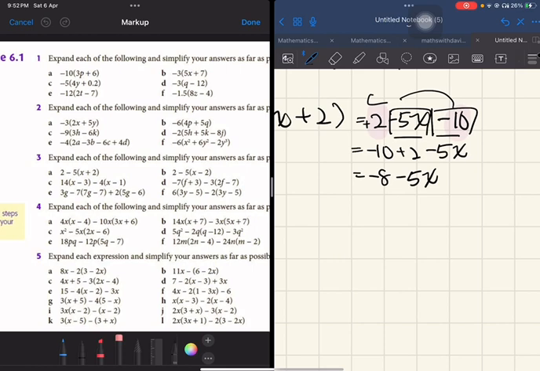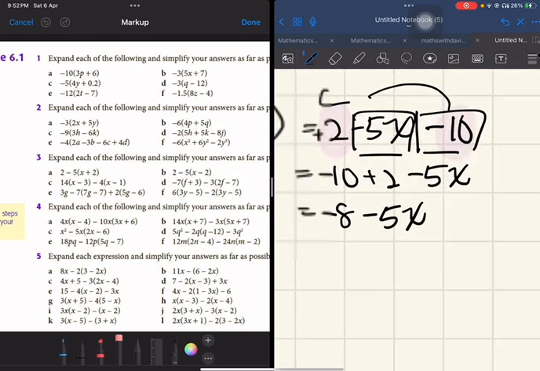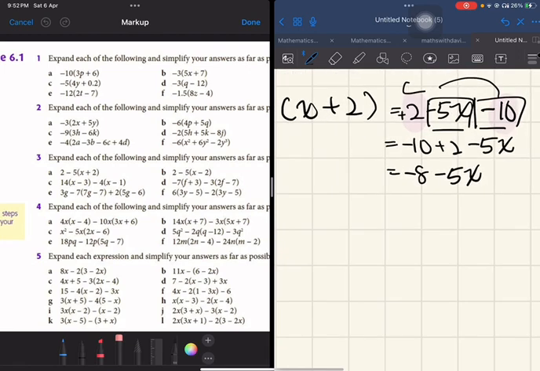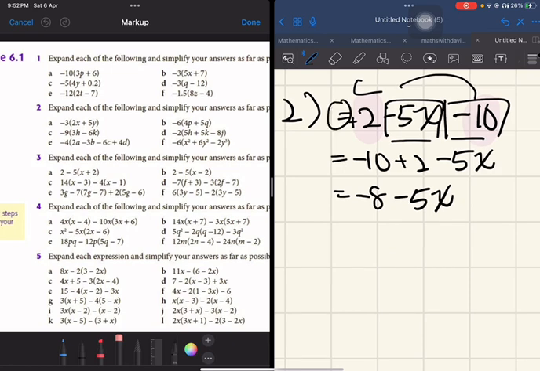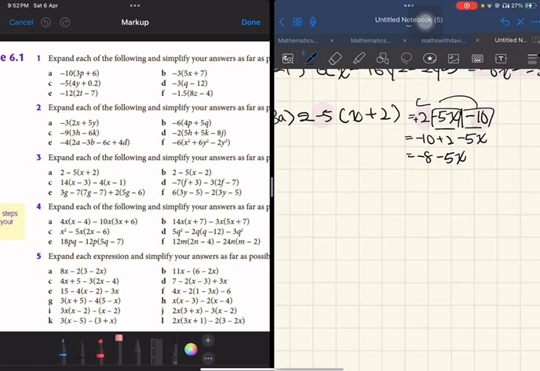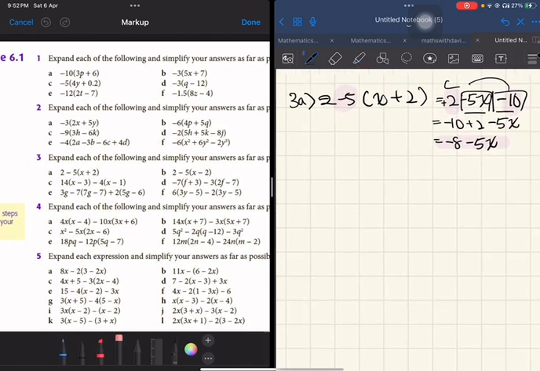Okay, the reason why the subtract did not change to positive is because you're not crossing the bridge, which is the equal sign. They're still together, so it will still remain negative and positive. So the answer for this question is negative 8 subtracted by 5x.